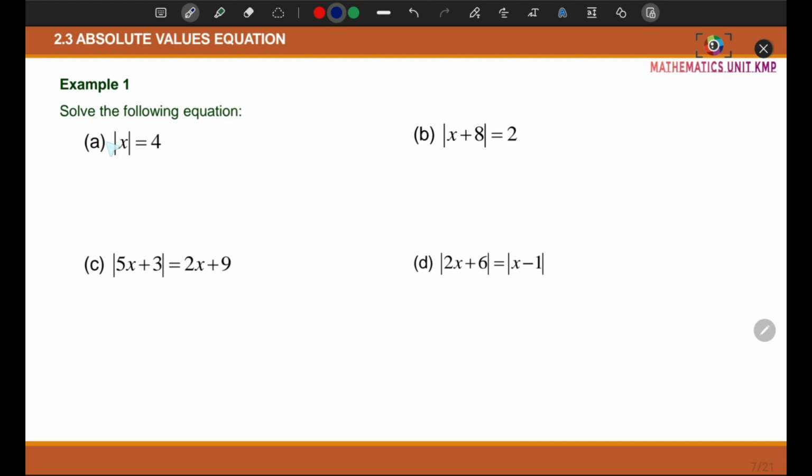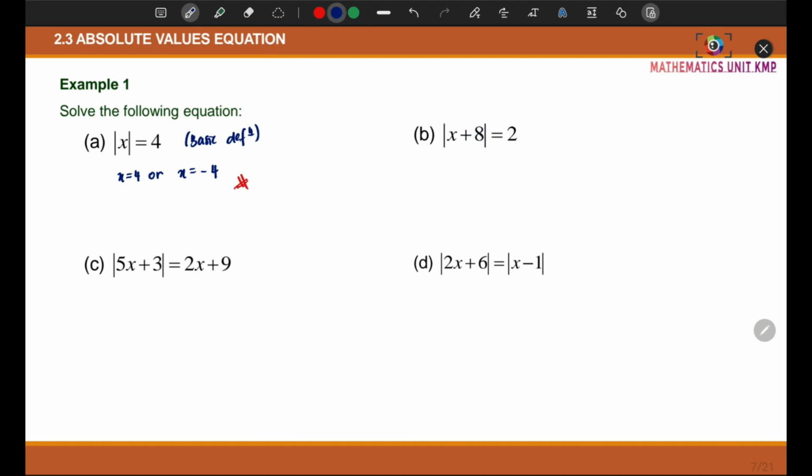Part A, we can solve the absolute value of x equal to 4 by using the basic definition. That is the easier way to solve this simple equation. By using the basic definition, we can say that x is equal to 4 or x is equal to -4. So that will be your answer.